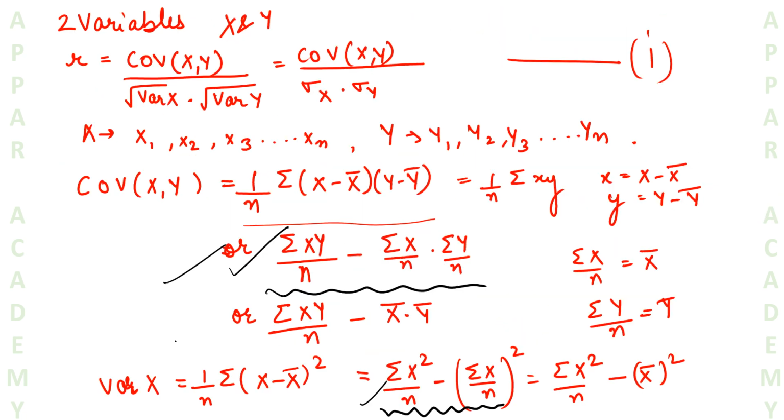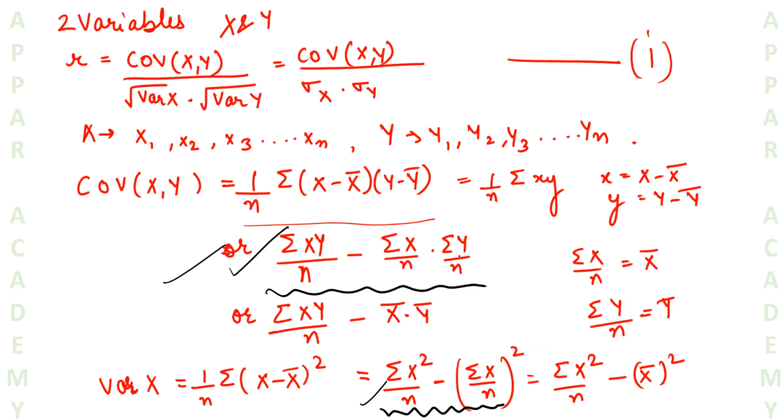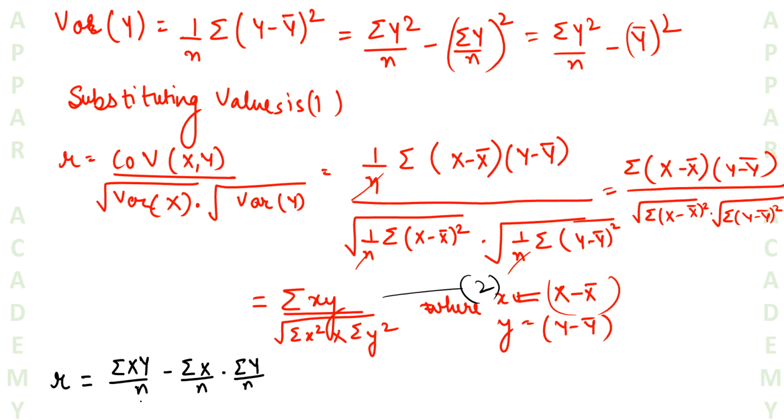So this r is equal to summation xy upon n minus summation x upon n into summation y upon n, right? Covariance formula, this is same.